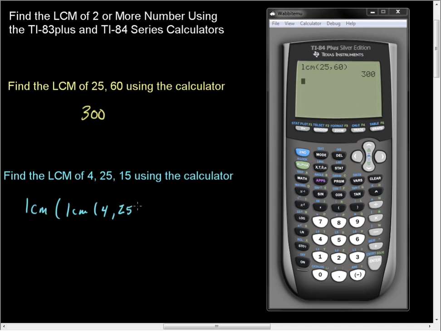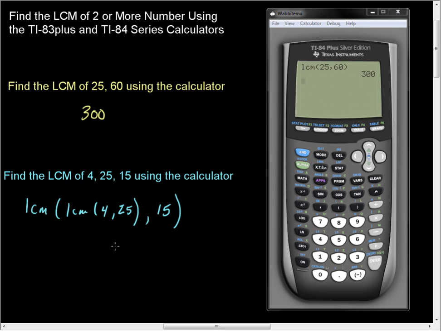By the way, order does not matter to the calculator. Now this says take the least common multiple of 15 and whatever the least common multiple of 4 and 25 is. Just as by hand, if you do these like this, the calculator can make sense of it.